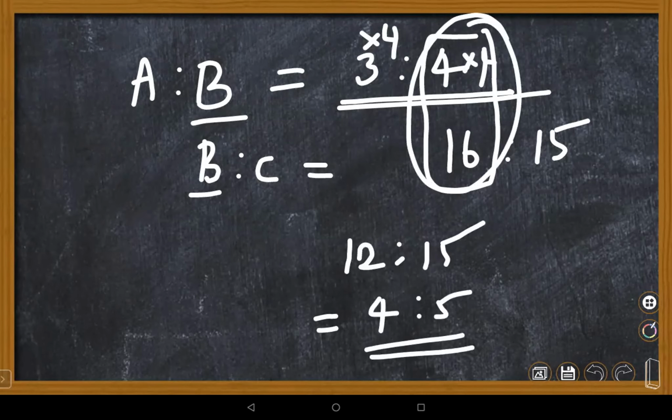Like that also you can do it, children. Any doubt here? Not only two ratios, if they give 3 ratios or more, you can do the same method.